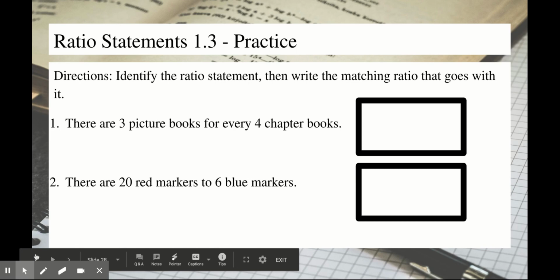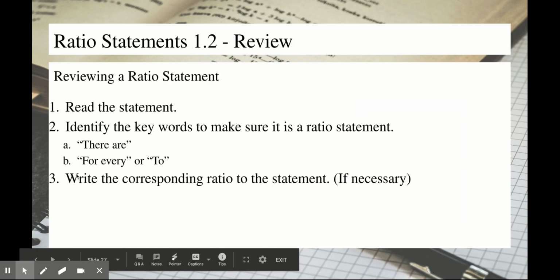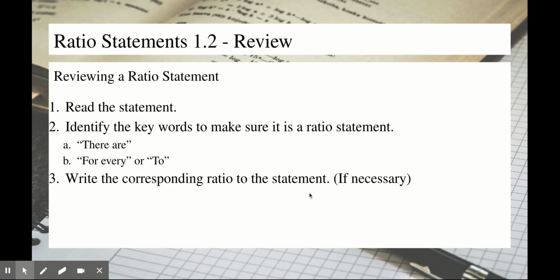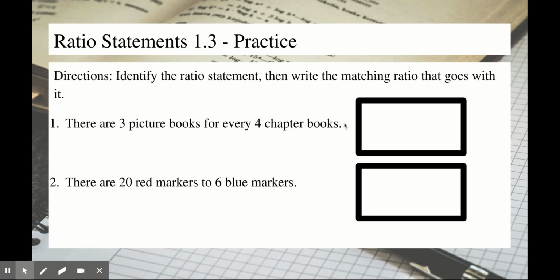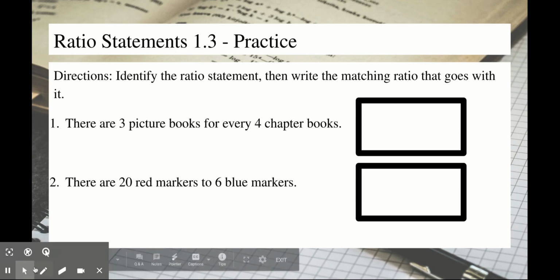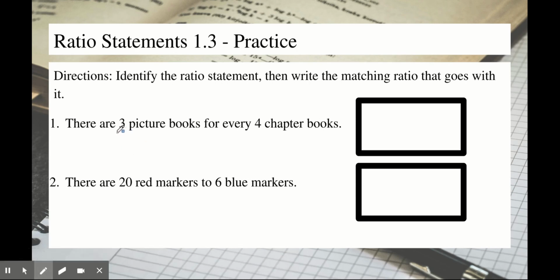The next thing that we have to do is write the corresponding ratio to the statement, if it is necessary. Here, our problem is giving us a box to write our ratio. So, the first thing that we need to do is look at our first number. That goes right after there are.